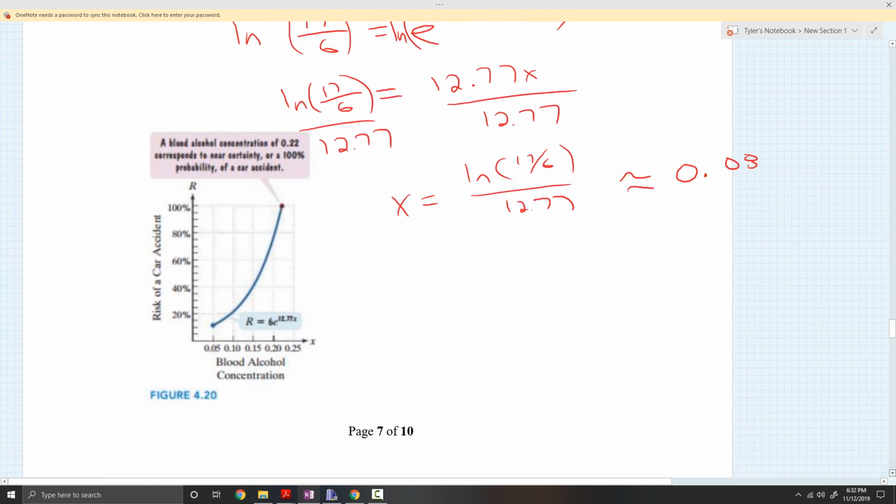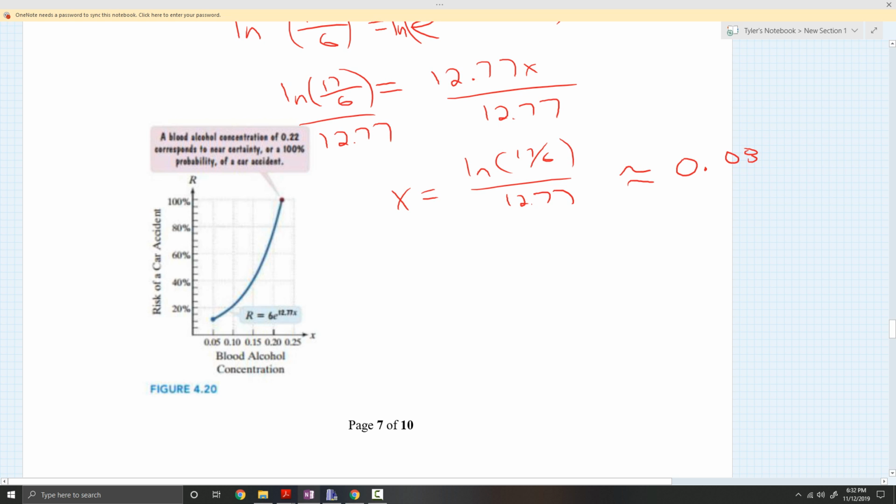And then we were asked to look at the graph of this, and I have a graph listed here. So you could read over that, but this point is a blood alcohol concentration of 0.22, which corresponds to near certainty or 100% probability of a car accident. So that's that point. The point that we found was we were looking for 6%.